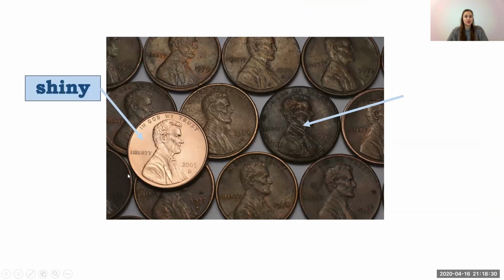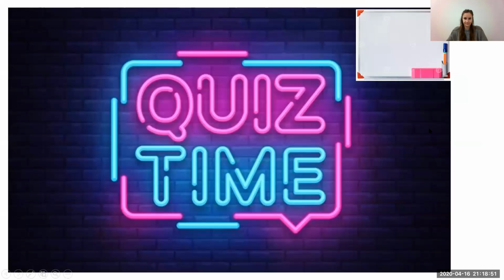We also get shiny and dull. So shiny means that it reflects the light very well, okay? And dull means it does not reflect the light very well. So my cell phone can be very shiny. It can reflect the light, but my jersey is very dull.